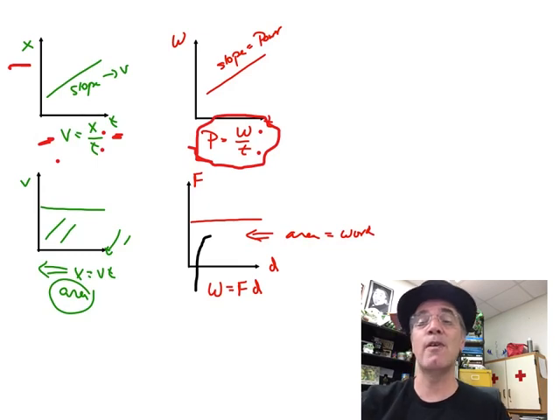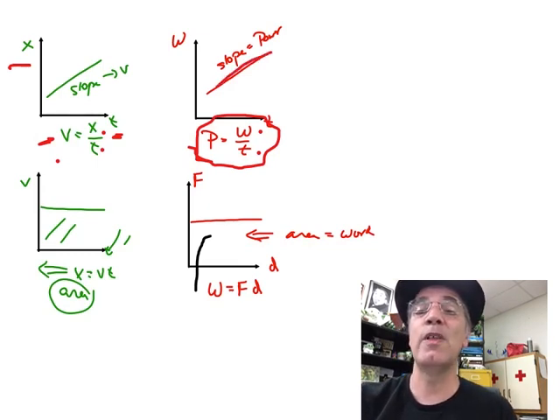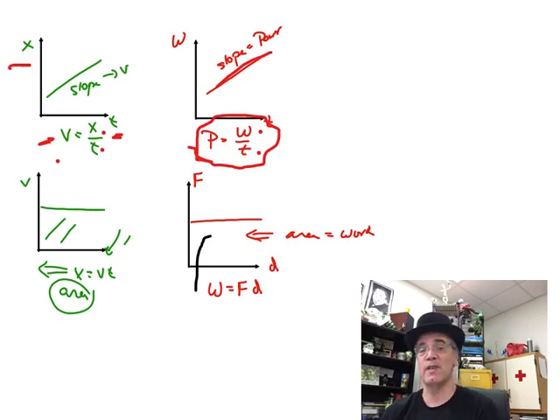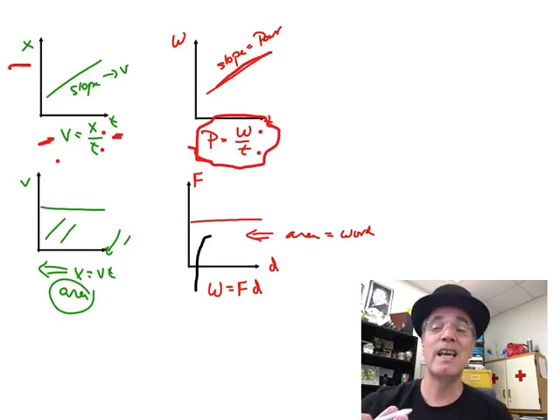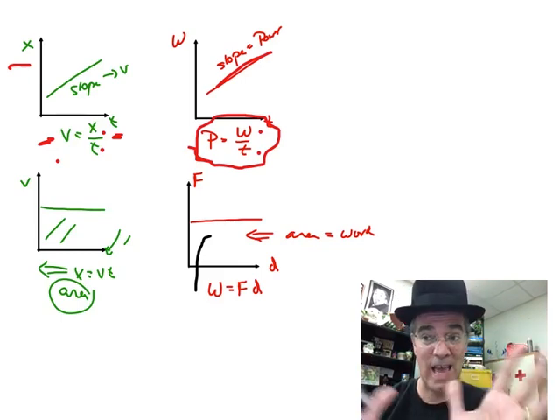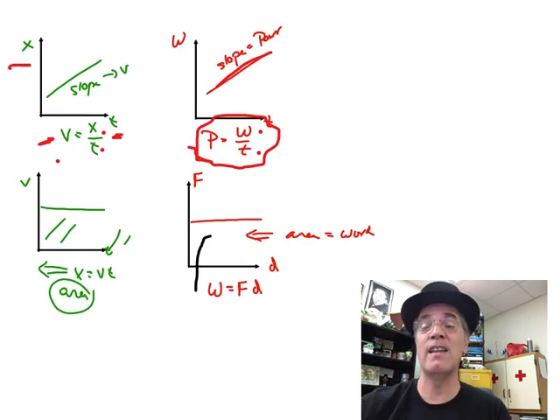So on a work-time graph, we can find the slope of the line and it gives us the power, just like on an xt graph, the slope gave us velocity. Makes sense, it's very similar, but that means that anytime we have an equation that's one thing over another, it doesn't have to be time, it can be anything, we can find the value by finding the slope.